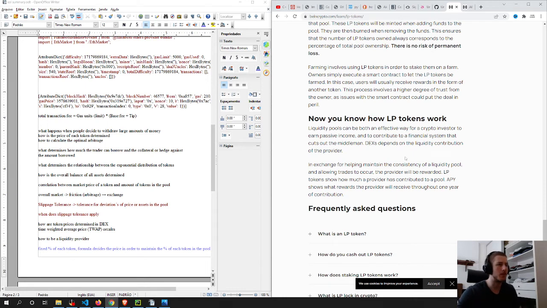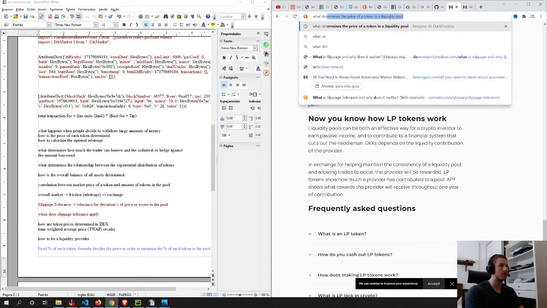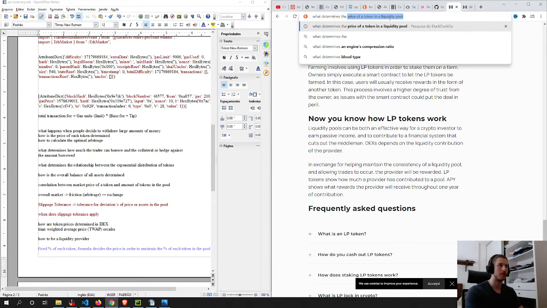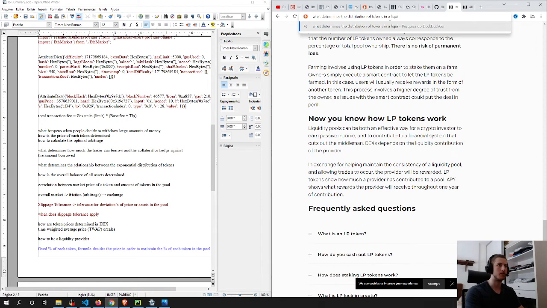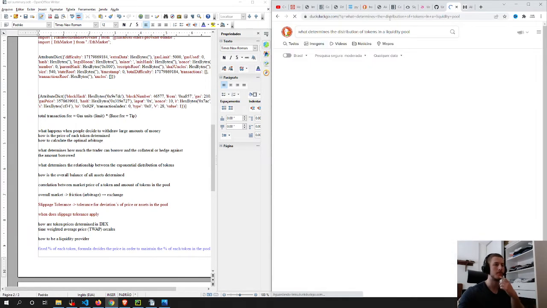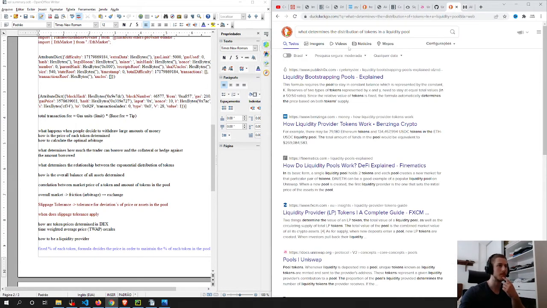So I think now I'm probably gonna search for how to be a liquidity provider, or what determines the distribution of tokens, liquidity. Boom. Or maybe it's a good time to start looking at the code and the white paper.